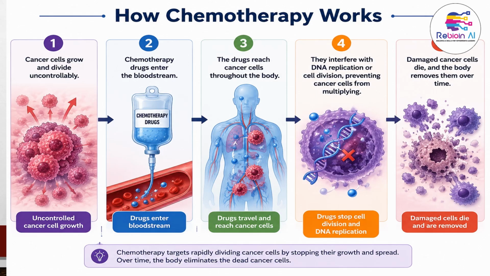Third, these drugs travel throughout the body and reach the cancer cells. Fourth, the drugs damage DNA or stop cell division, preventing cancer cells from multiplying. Finally, the damaged cancer cells die and the body's immune system gradually removes them.